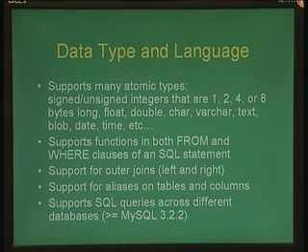Similarly, in MySQL there are several different atomic types that are supported, signed and unsigned integers, and there are even different lengths of integers. They are called tiny int, small int, integer and big int, and so on and so forth. So they could be 1 byte or 2 bytes or 4 or 8 bytes long, and there are floating point numbers, double precision numbers, characters.